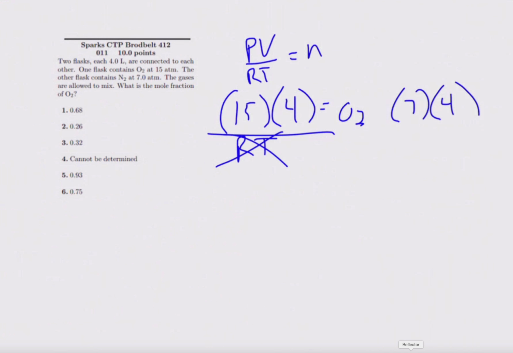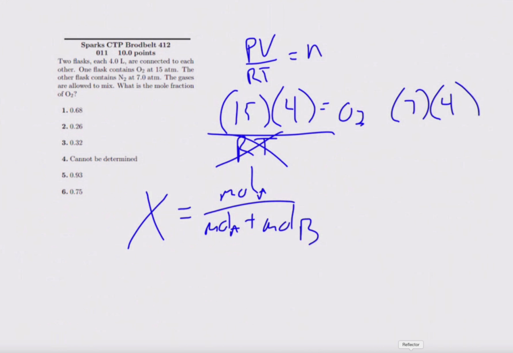So when we put that into the mole fraction equation, the mole fraction says that the moles of A divided by the moles of A plus moles of B. Okay, so basically the moles of whatever you're targeting divided by the total number of moles in the mixture.